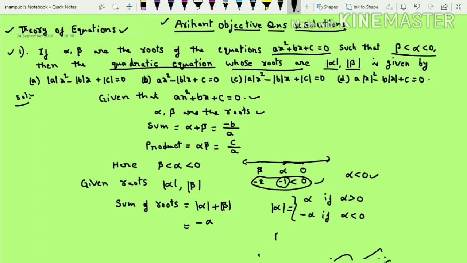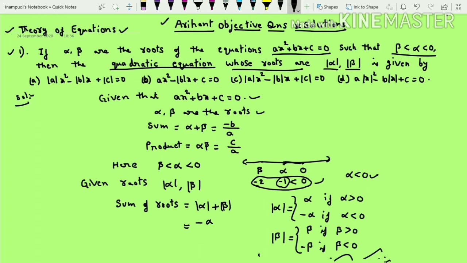In the same way, mod beta equals beta if beta greater than 0, and minus beta if beta less than 0, by the definition of modulus.